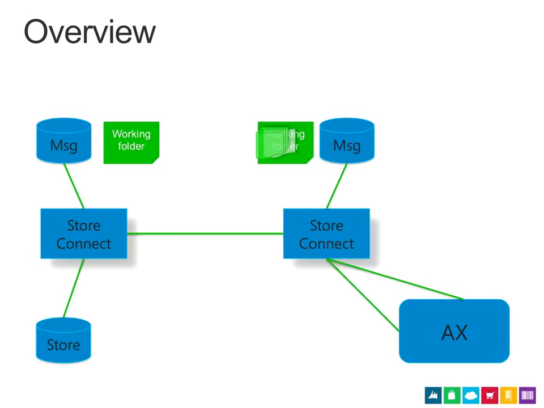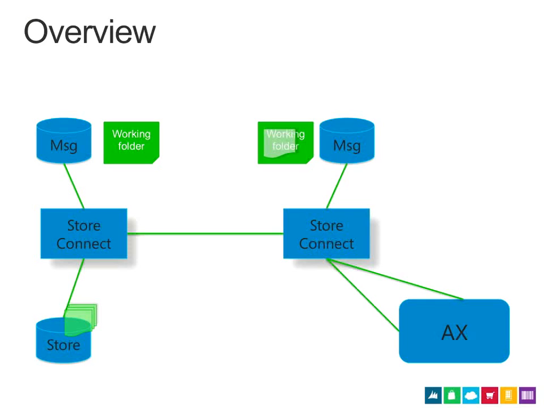From there, it picks up that data package, opens a socket connection to Store Connect in the store, or the multiple destinations it goes to, and sends the request out to the destinations. At the other end, I didn't quite show it, but it does the same thing.